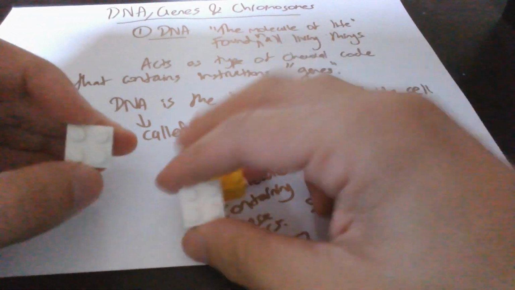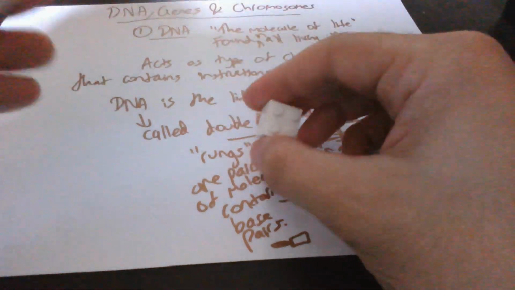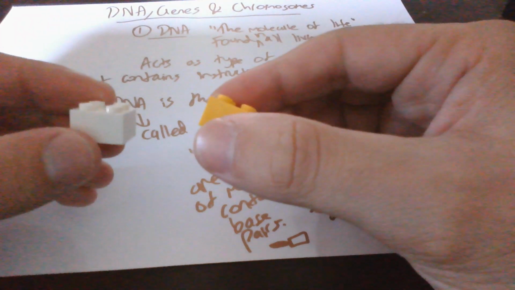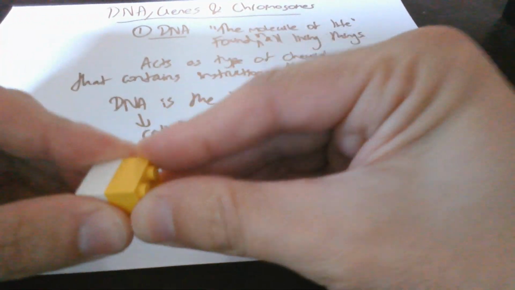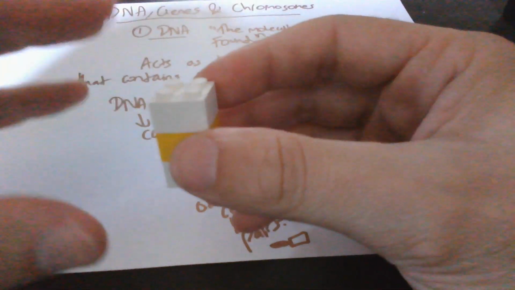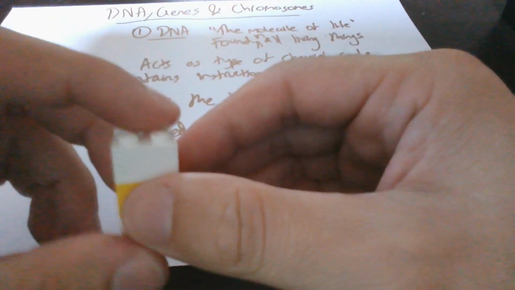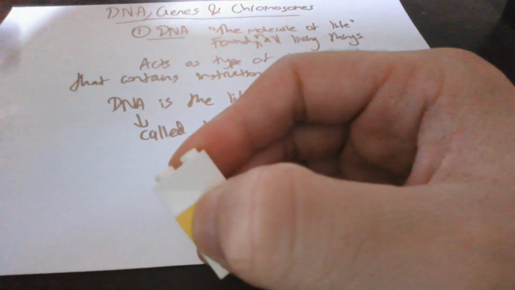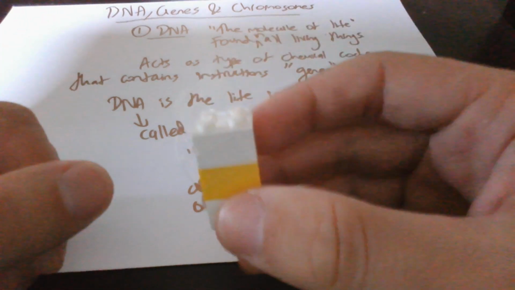Can be big or small, doesn't matter. Let's say the white represents the sugar, yellow represents the phosphate. Okay, so connecting them together, I get an alternating chain. Okay, imagine I don't have a lot of these Legos. I had to actually go out and buy these from the shops. Imagine this goes on for a long time, right? But I've got here a little chunk.